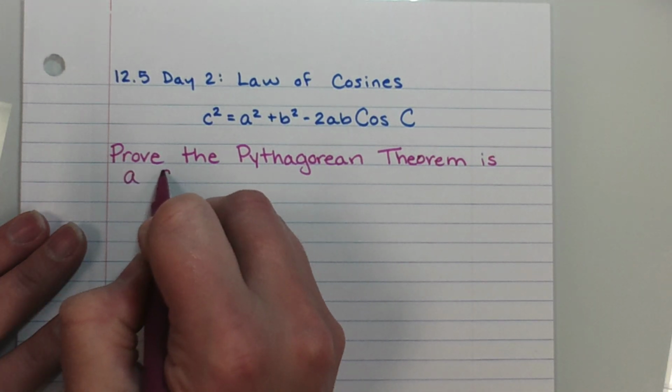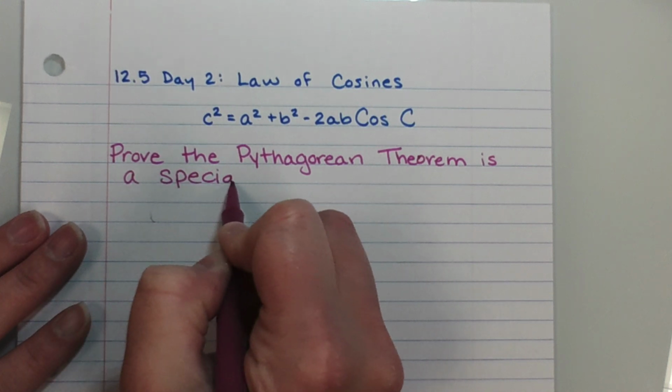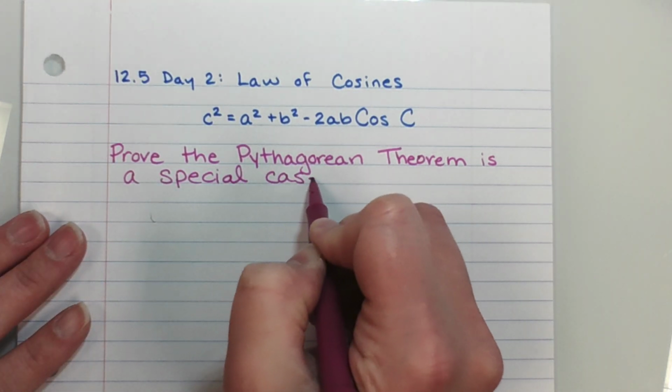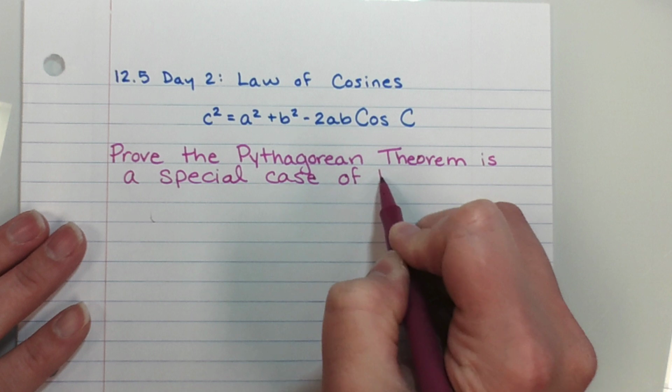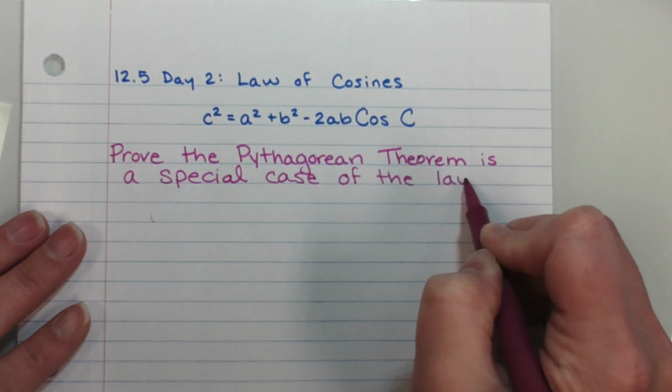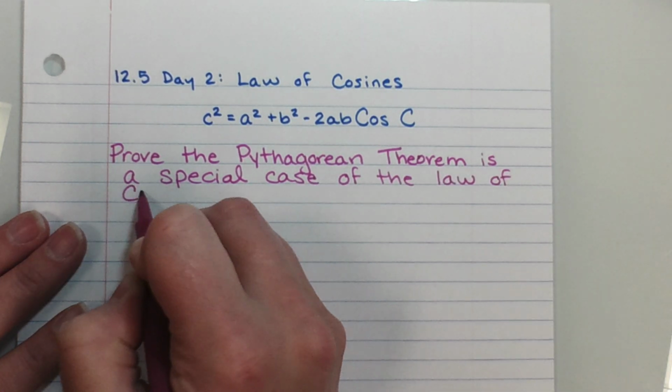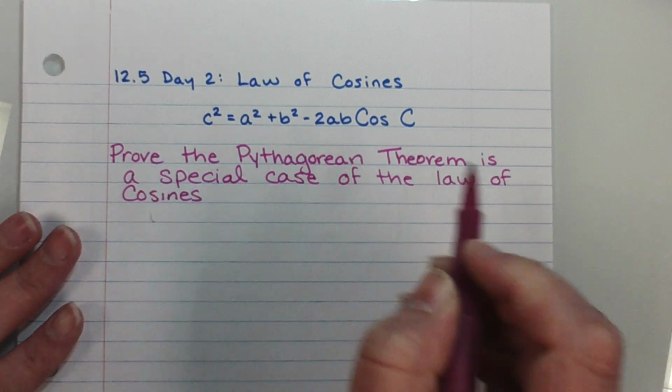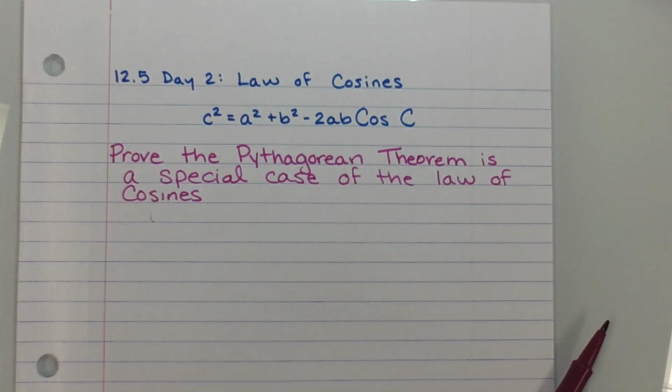Specifically, we can prove that it is a special case of the law of cosines. So, if we want to prove that, essentially we're going to take our law of cosines and plug in what we know for the Pythagorean theorem.